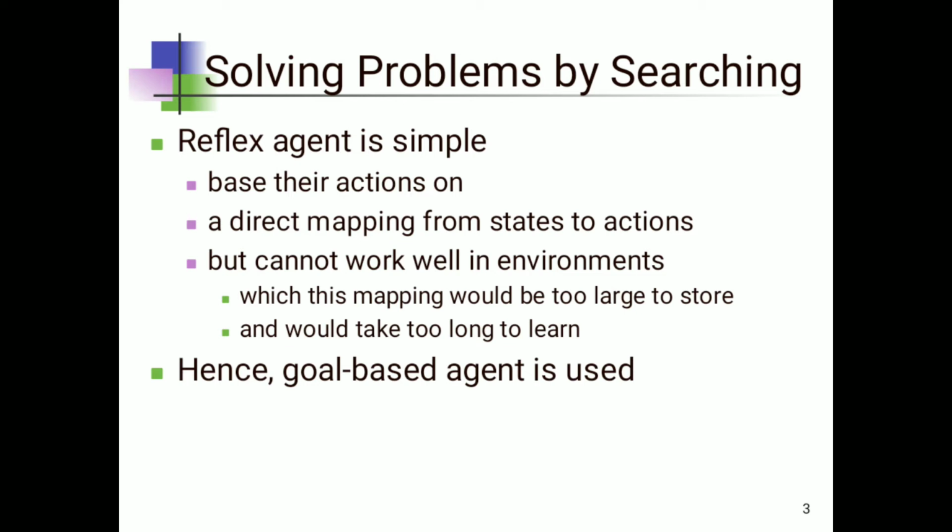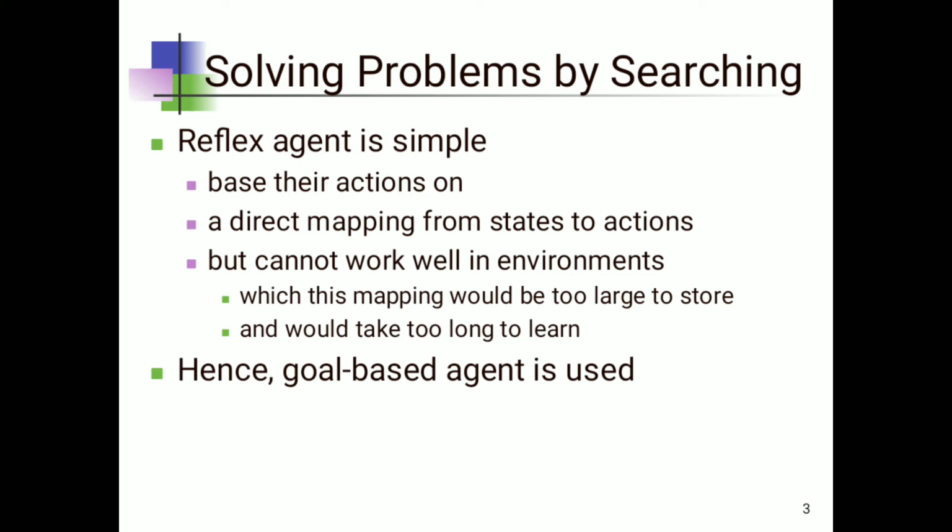Now, the reflex agent is simple. We have already seen what we mean by the reflex agent. Based on matching the if and then conditions, the reflex agent takes the action. It acts on a direct mapping from states to actions, but cannot work well in environments where this mapping will be too large to store and will take too long to learn.